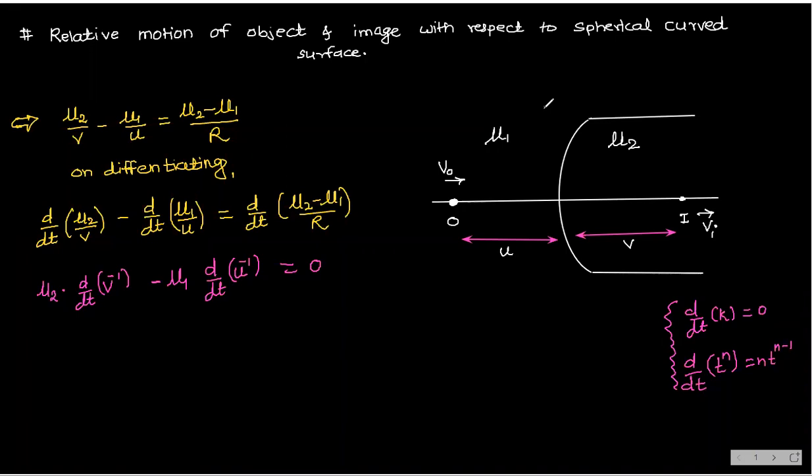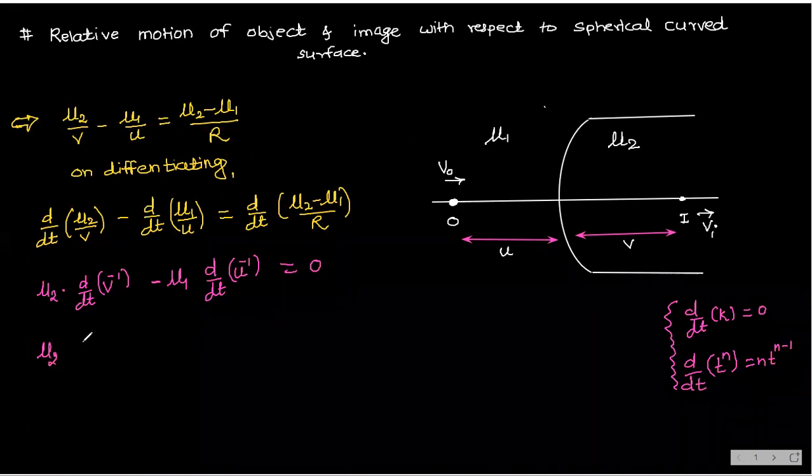Now listen what we are getting here. This is mu2 into d/dt of v power minus 1. So this is minus 1 into v power minus 1, into again differentiation of this, that is dv by dt. Agree with me?